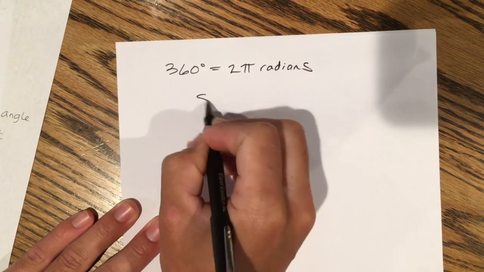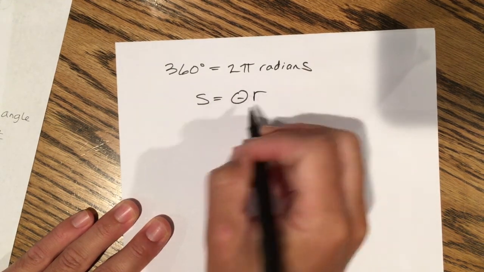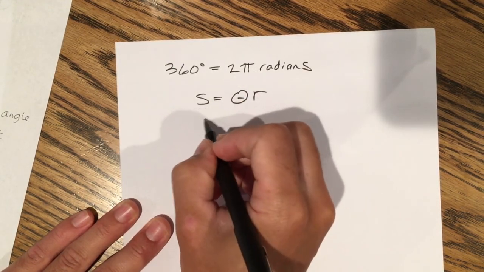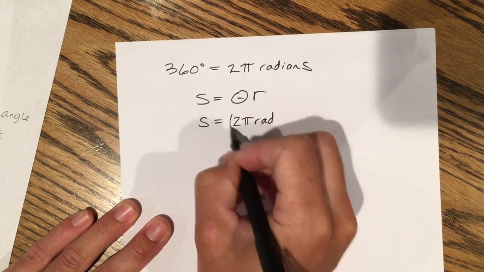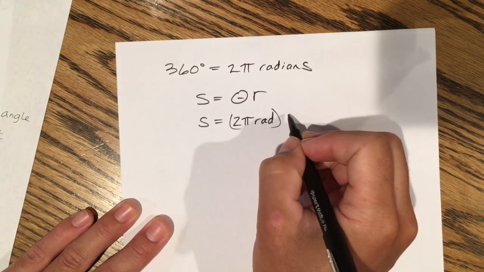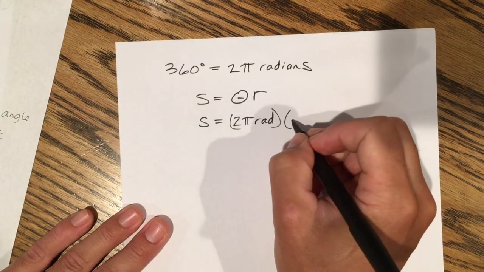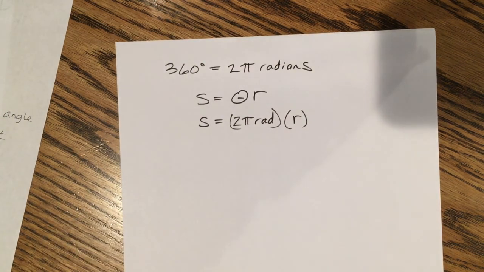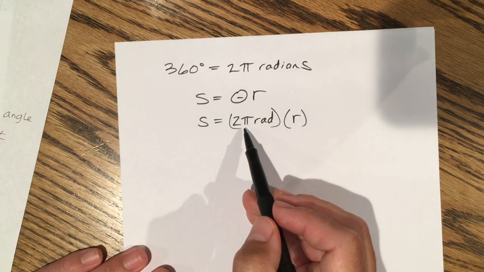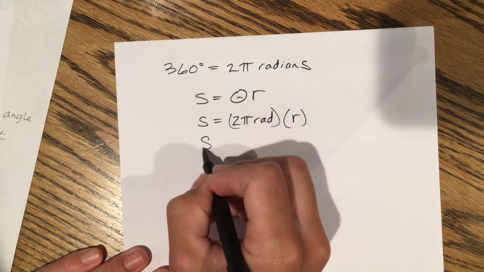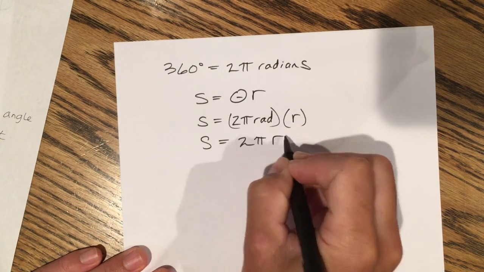So if we grab our formula, s equals, our arc length equals the angle in radians times the radius, we can go ahead and plug in 2 pi radians right here. And multiply by the radius. And when we do that, what we see is that s is just equal then in that case to 2 pi times r.